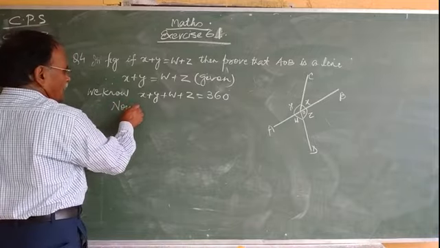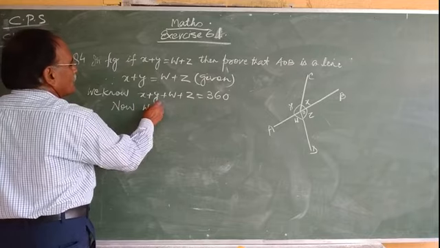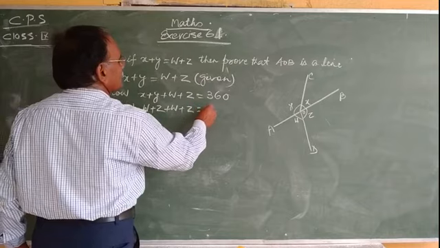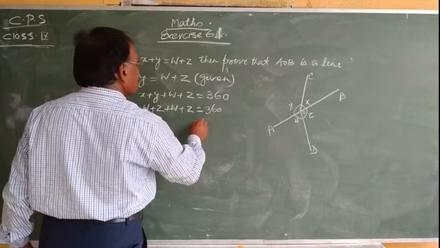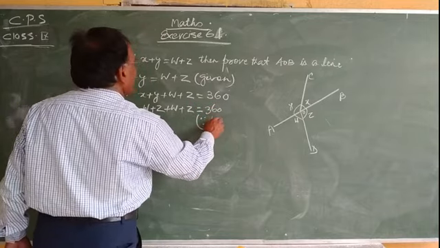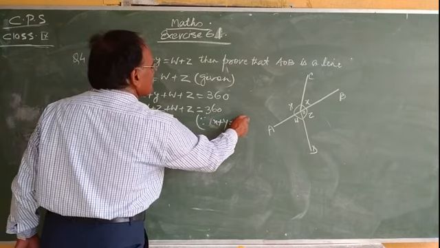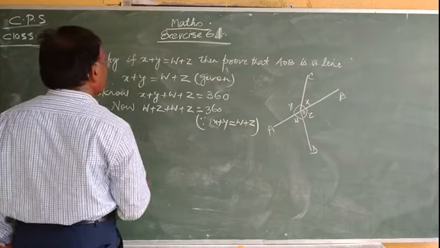Now, w plus z plus w plus z is equal to 360, because x plus y is equal to w plus z.